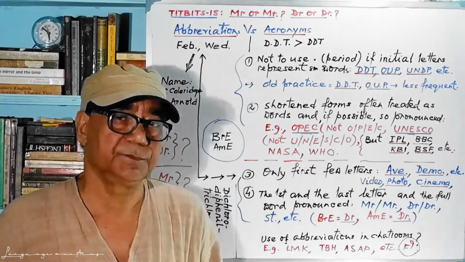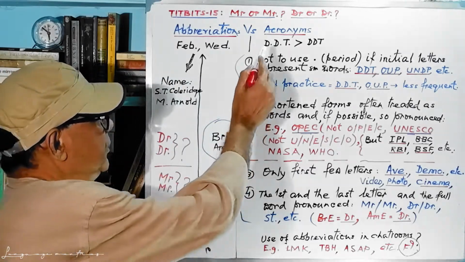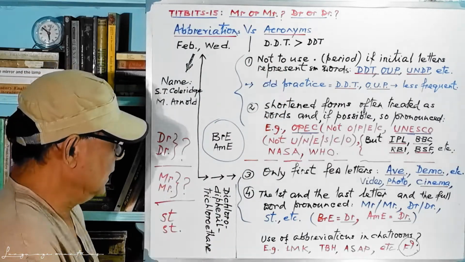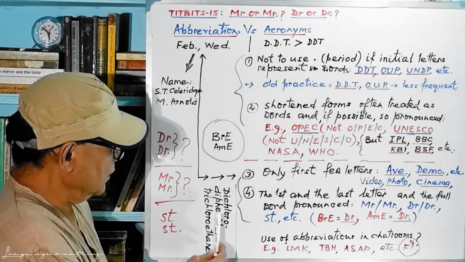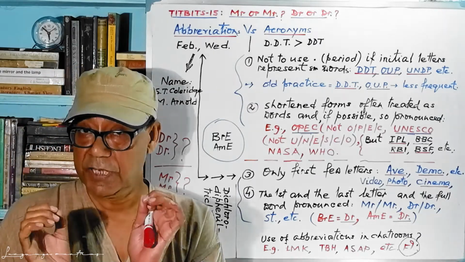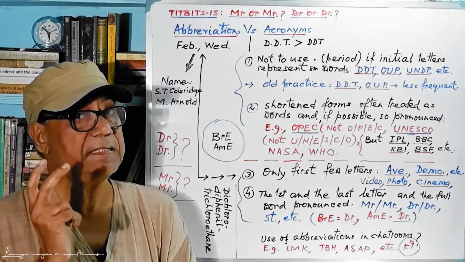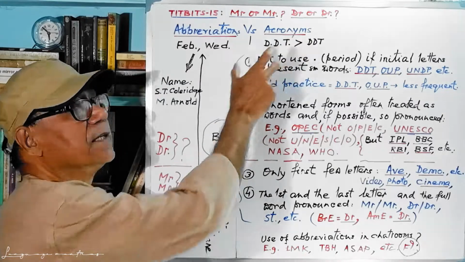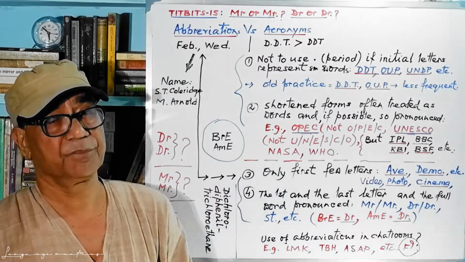For example, D.D.T. D.D.T. means dichloro, diphenyl, trichloroethane. It's a single word, but it has three distinct components. Therefore, it comes within the definition of acronym.